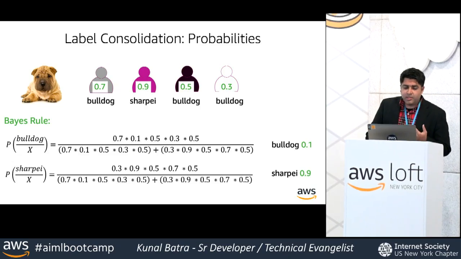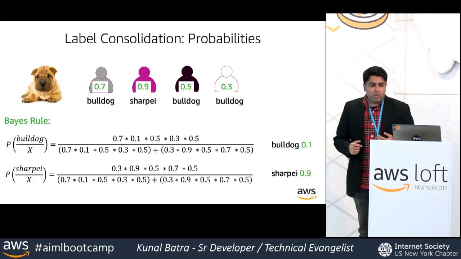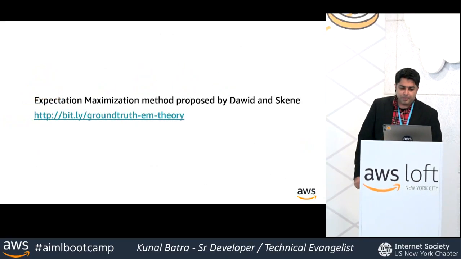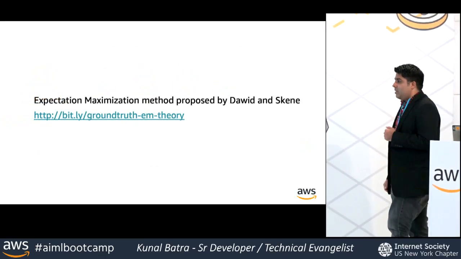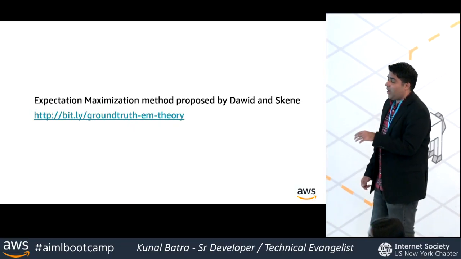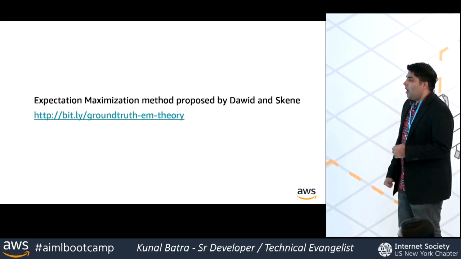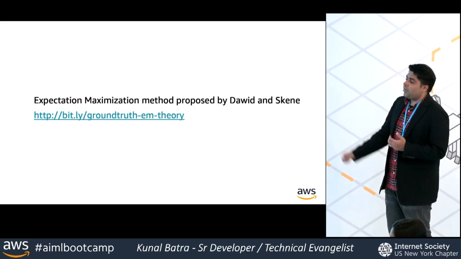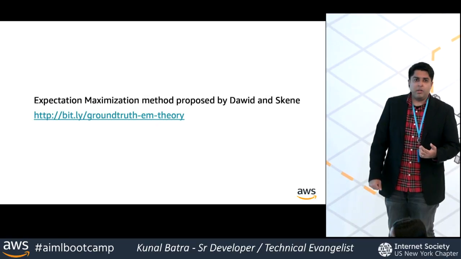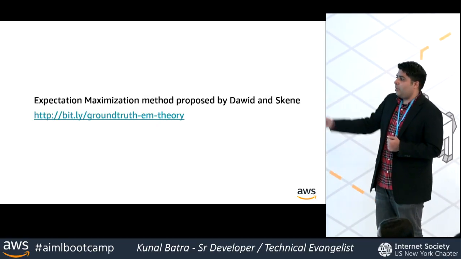And so to take advantage of these probabilities, we're using something called expectation maximization. And this is a link over here to the mathematical paper that we're using to actually help get you those results, right? Help make it more accurate. I put this link on here because I thought it was a great paper and explained it really well. So if you're interested in learning more on how we do that behind the scenes, definitely check out that paper too.